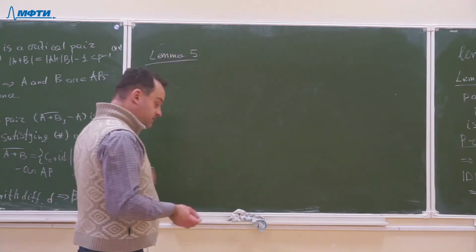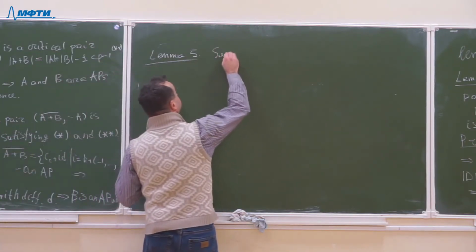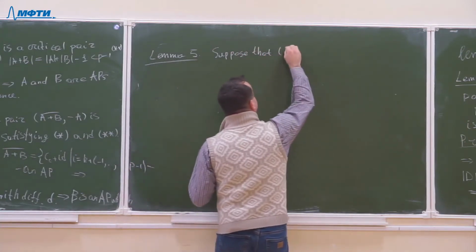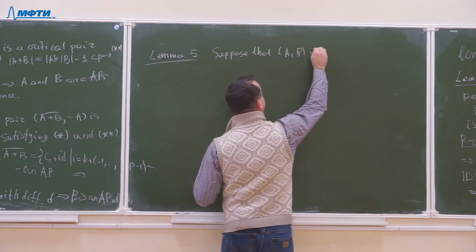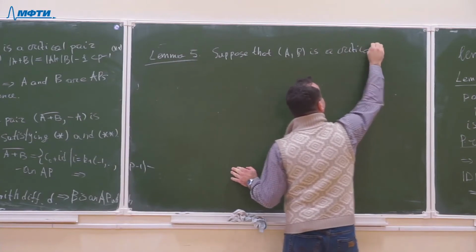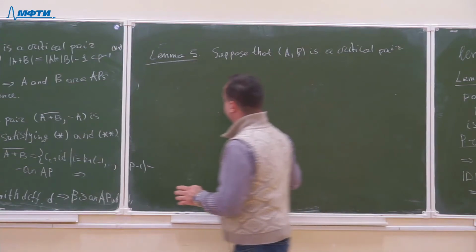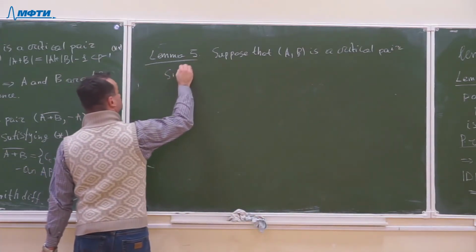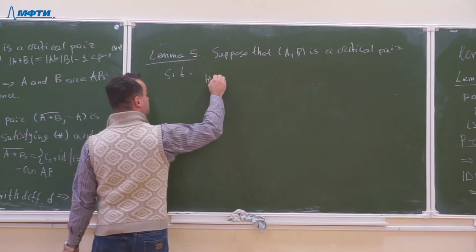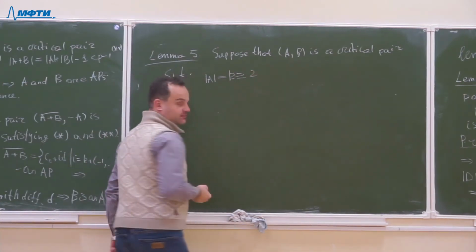Well, this lemma states that, suppose that AB is a critical pair such that, first, cardinality of A is K, and this is at least 2.